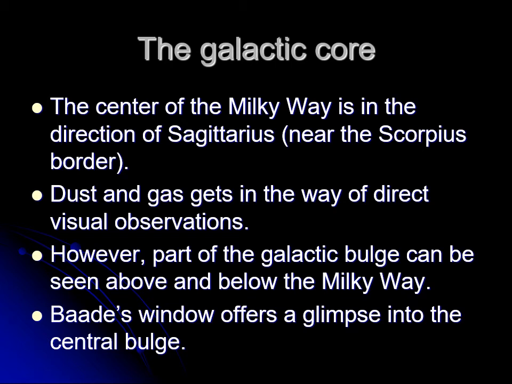It doesn't see into the center, but it sees into the bulge in the middle. And we call that Baade's window. And so that allows us to see the kinds of stars that are near the center of the galaxy. And one thing we discover is the stars near the center of the galaxy are not quite like the stars out where we are.